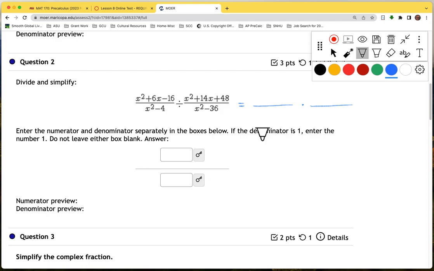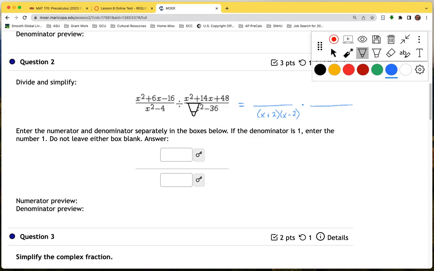So x squared minus 4 is a difference of squares. 4 is 2 squared, so it does factor into x plus 2, x minus 2. X squared minus 36 is also a difference of squares.